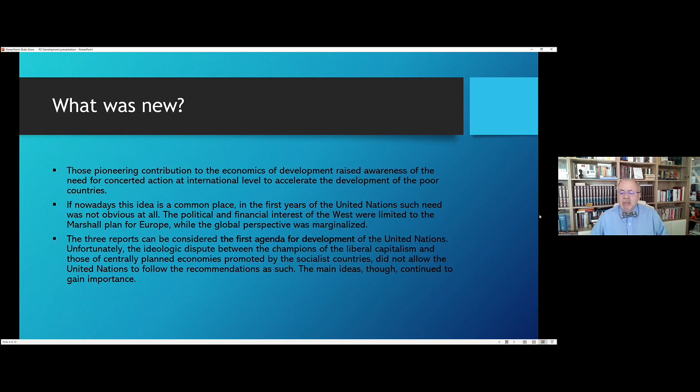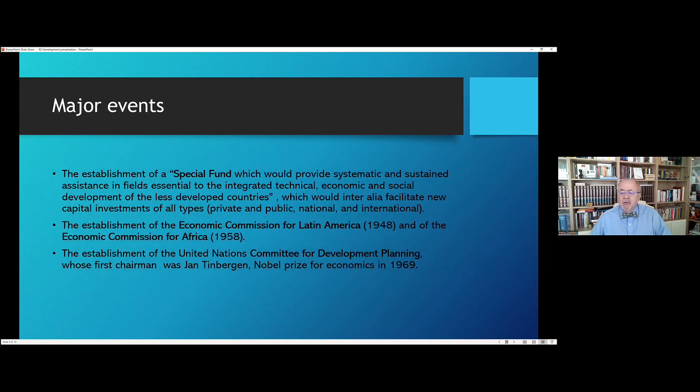So we may consider these three reports I mentioned, which I didn't take time to read and to tell you more about because it's time consuming, but they might be considered the first development agenda of the United Nations. There were many consequences, but one of them is the establishment of a special fund which would provide assistance in the fields essential to the development of the less developed countries.